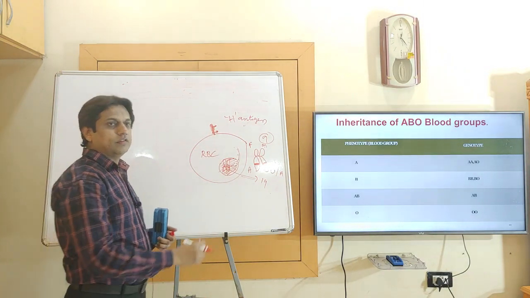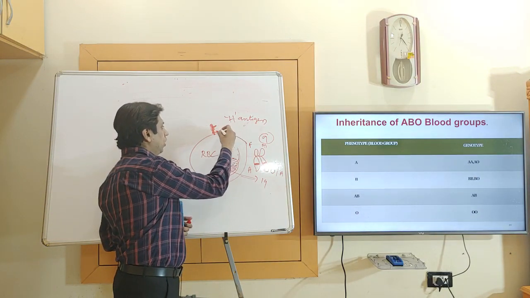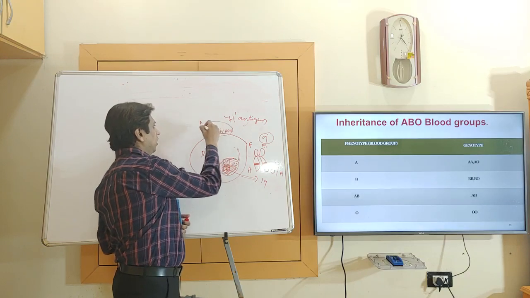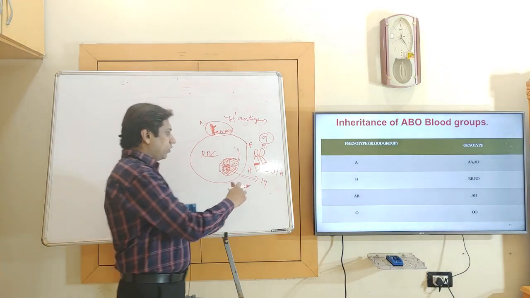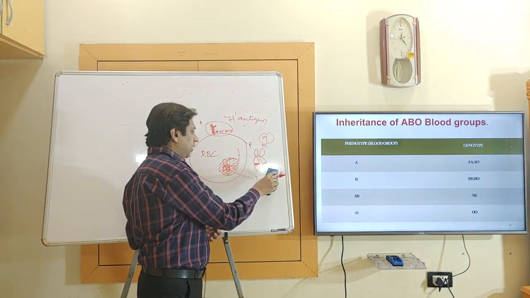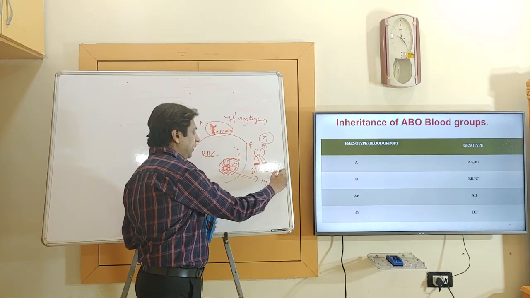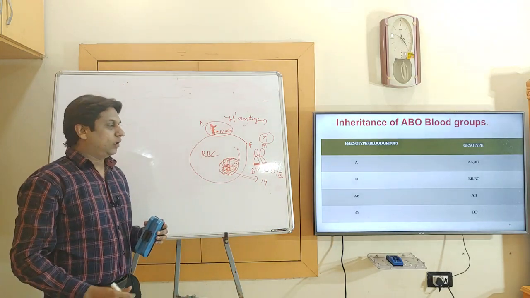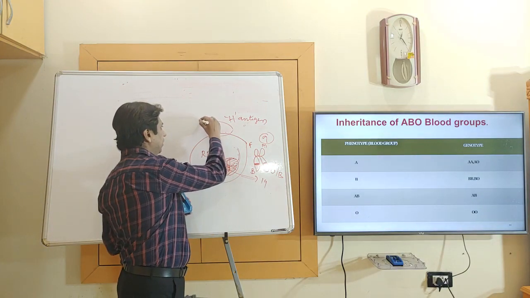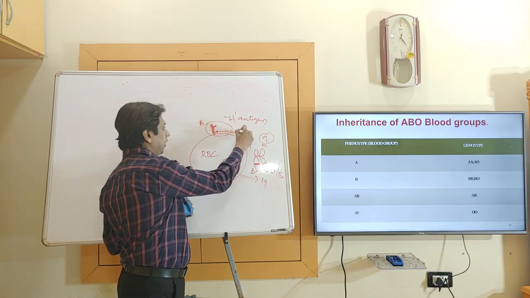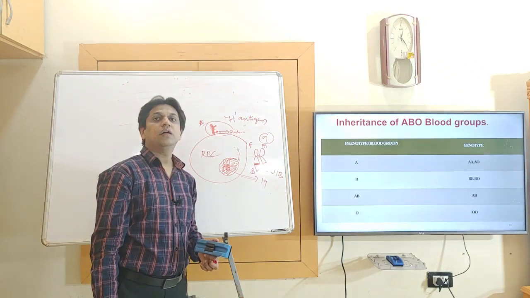When these genes lead to N-acetyl galactosamine, that leads to A antigen formation and the person will be blood group A. Similarly, if the father or the mother has the genetics for B antigen, it leads to formation of B antigen, where the terminal sugar is galactose. So the basic determination is at the level of chromosome number 9.